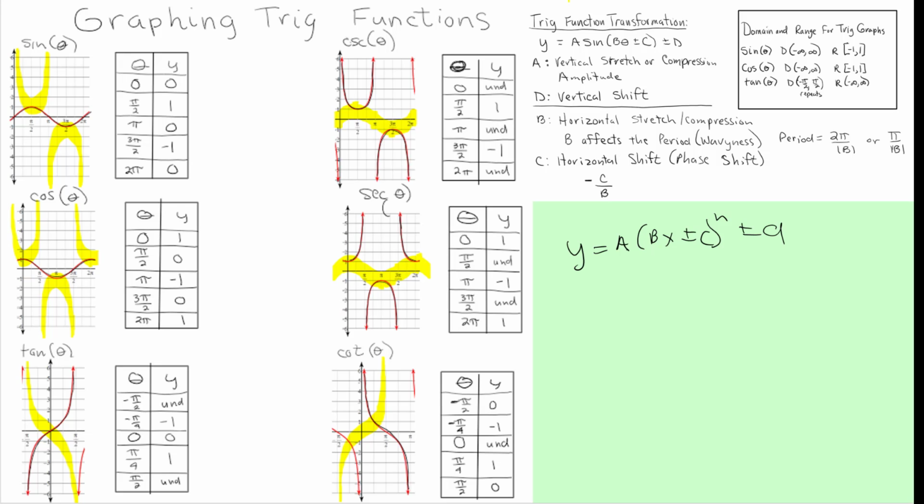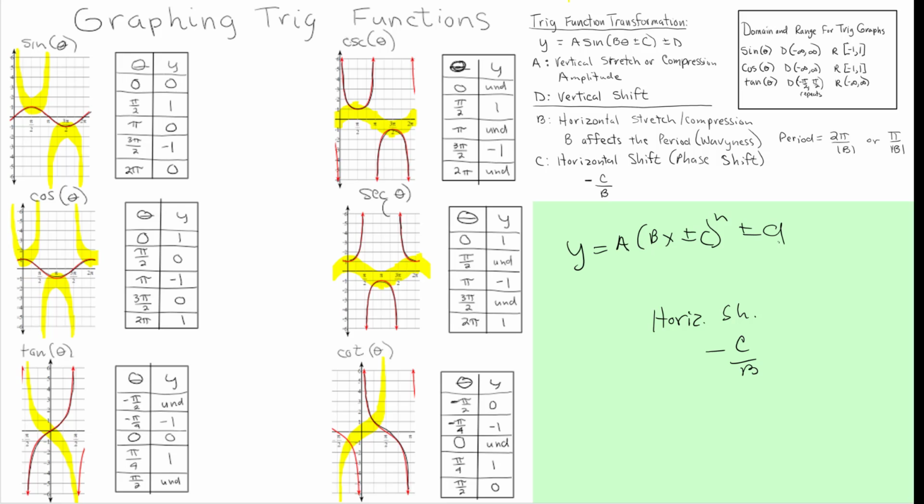A was the vertical stretch or compression, depending on if it was a fraction or integer. D was a vertical shift. B was the horizontal compression or stretch, depending if it was a fraction or decimal. And the C value for the horizontal shift was the opposite of C divided by whatever the B was. And all of those are the same for these graphs.